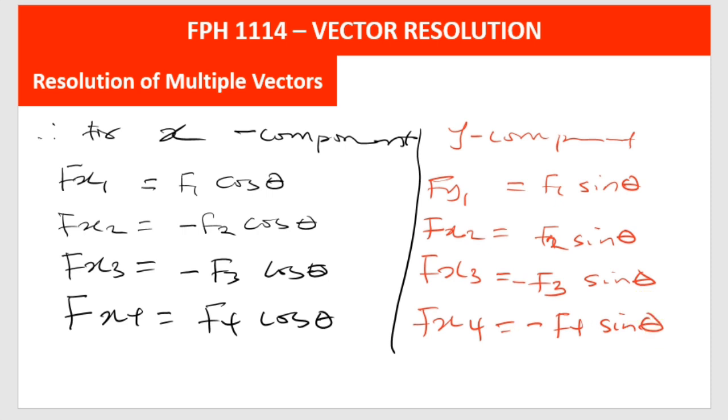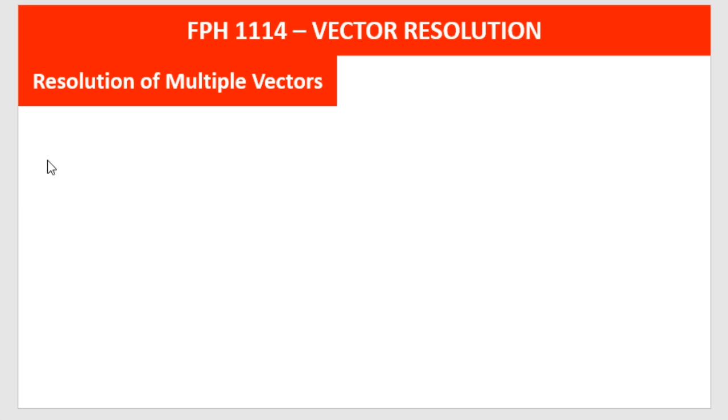Now we can find the summation of the x component. So let's add up all these x components, the sum of the x component vector.